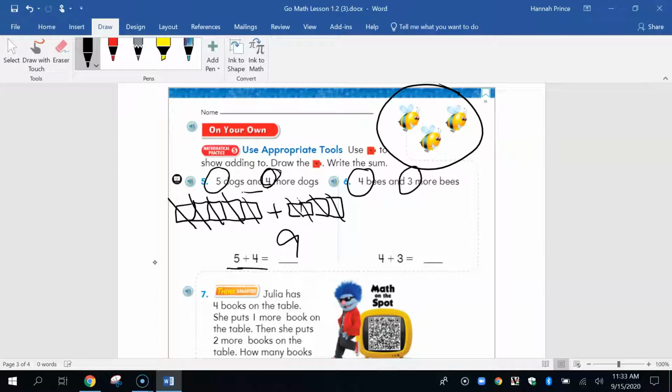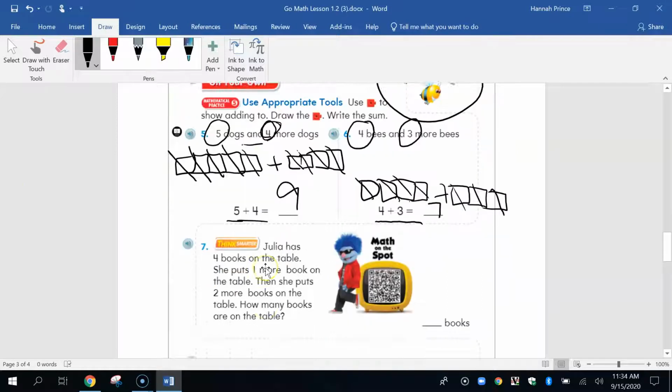So we're going to draw our 4 cubes. 1, 2, 3, 4, plus 3 more. 1, 2, 3. Add them together and find the total. 1, 2, 3, 4, 5, 6, 7. 4 plus 3 equals 7.